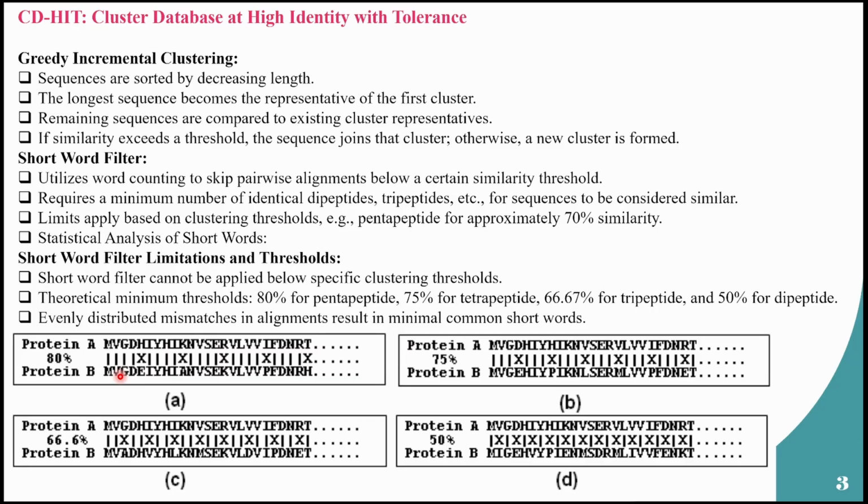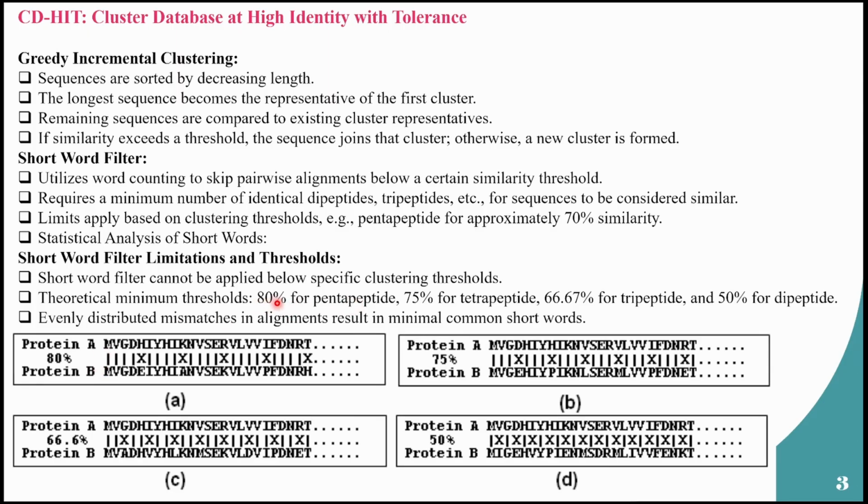For example, particularly if you are trying to find the matches between the different data points that are available, in this case the different sequences. In the worst case scenario, your mismatches are distributed very evenly. That means that for a certain percentage of matches, you cannot use all of the short word filters that are available.